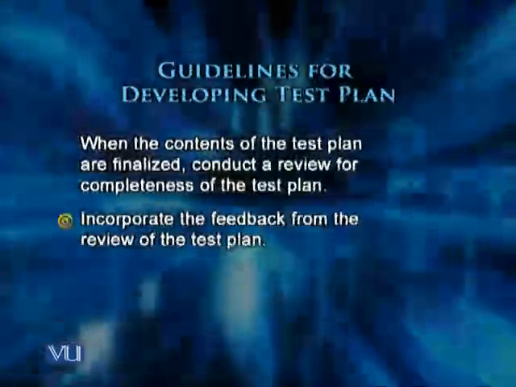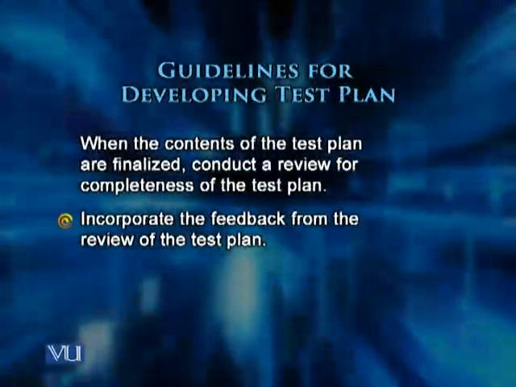However, the benefits achieved by conducting a formal technical review or an inspection of the test plan are much more than conducting an informal review of the test plan. And based on the review or the inspection, the feedback that you receive from the participants, you should incorporate in the test plan.